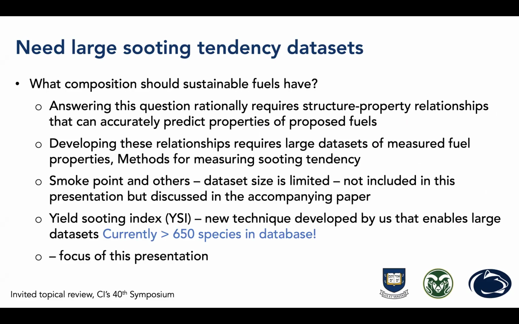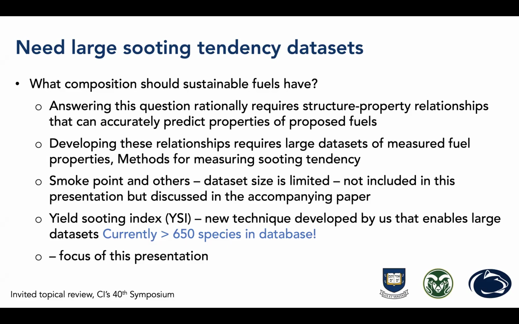So there's many techniques for measuring sooting propensity, smoke point and others. The smoke point is important because it's in some regulations, but all of these techniques have very limited data sets. So it's not included in this presentation, but we discussed its details in the accompanying paper.